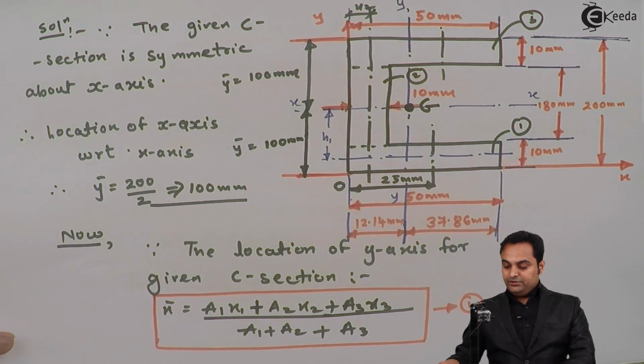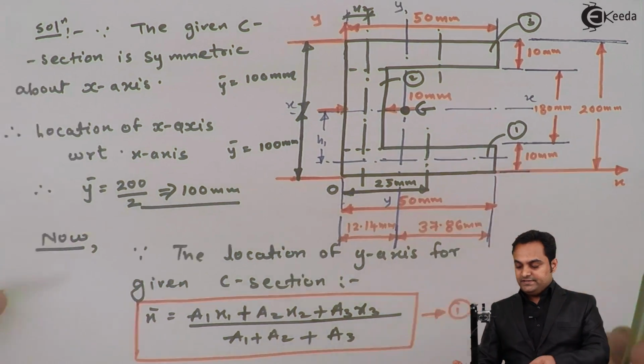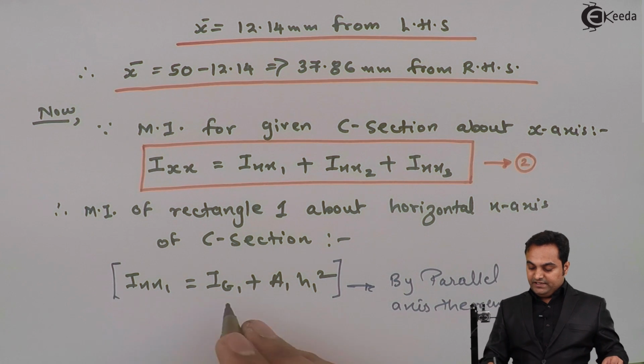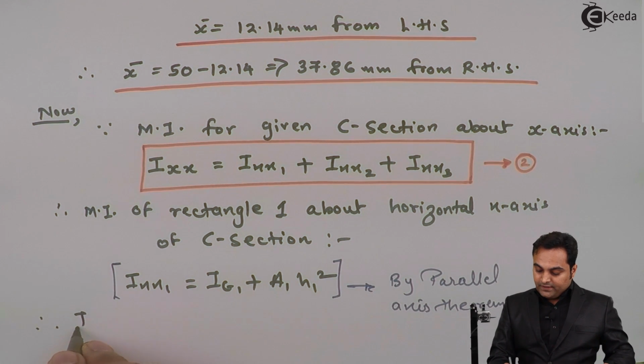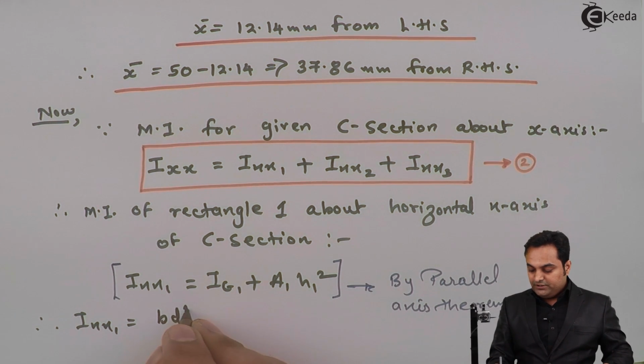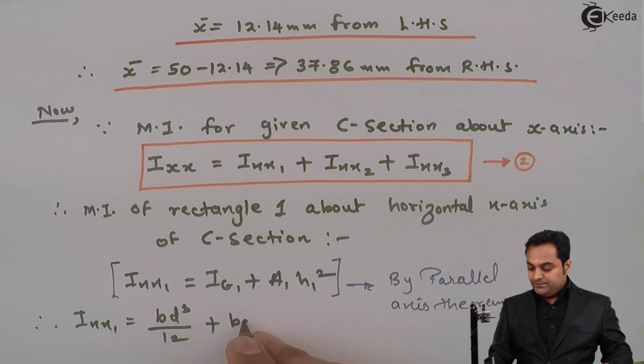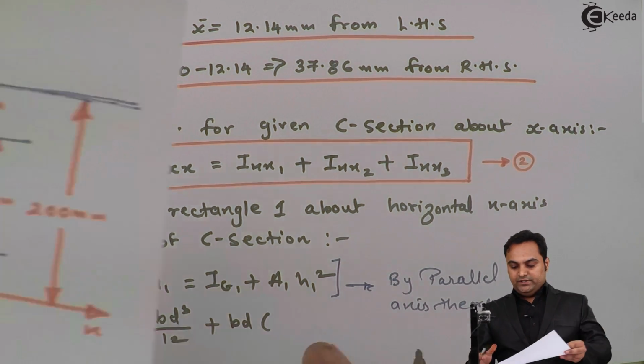So here I need to calculate the MI for section 1 about the centroidal axis. So here I have written Ig1, therefore Ix1 will be, Ig1 is, since it is about horizontal, BD cube by 12, the formula for rectangle, plus area is B into D. Now what is H1?